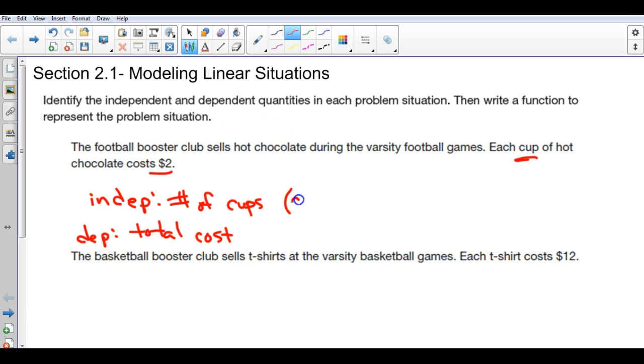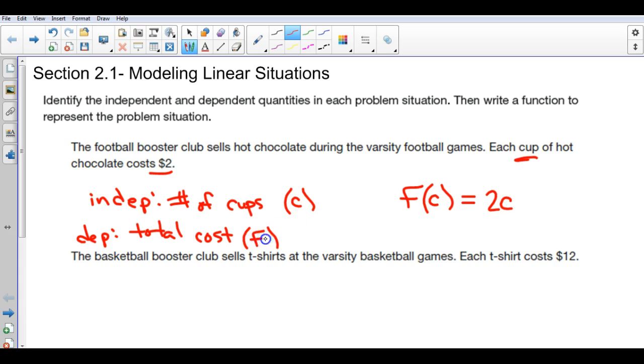I'm going to use the letter C for the number of cups, and the letter F for the total cost. So I would say F of C. That's how we write our function. F represents my total cost for every number of cups, and that would be 2C. However many cups of hot chocolate they sell, you multiply that by 2, and that gives you your total cost.